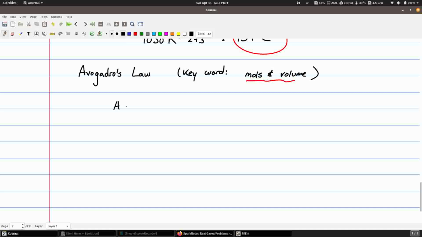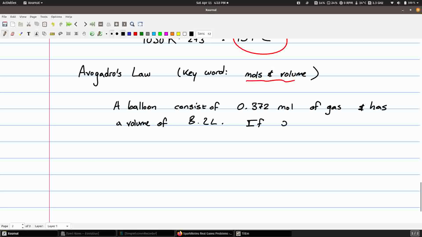I like using balloons for this because it's easy to visualize for you guys and for me to explain. So a balloon consists of 0.372 moles of gas and has a volume of, we'll say, 8.2 liters.